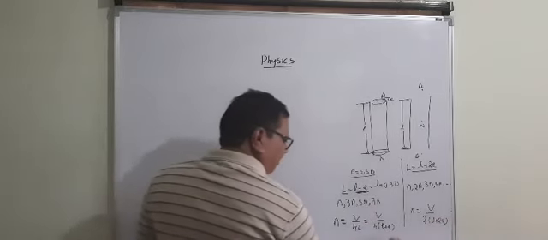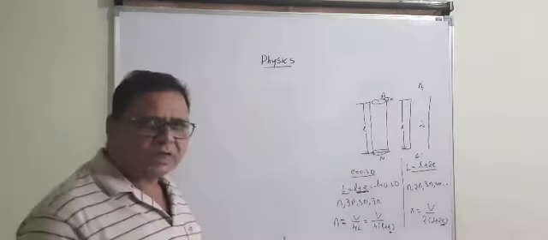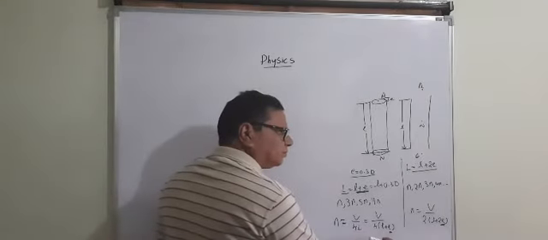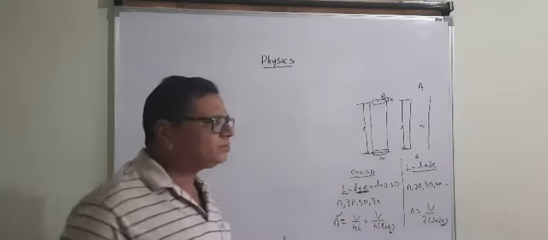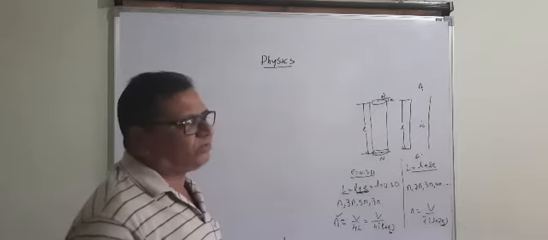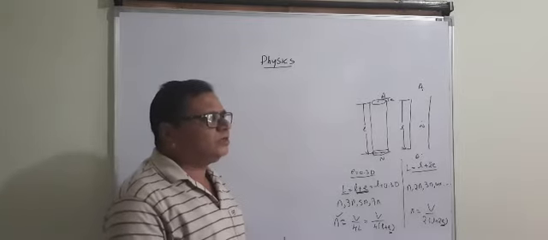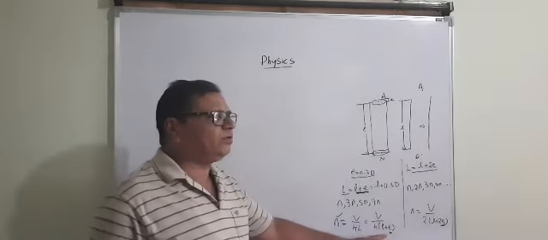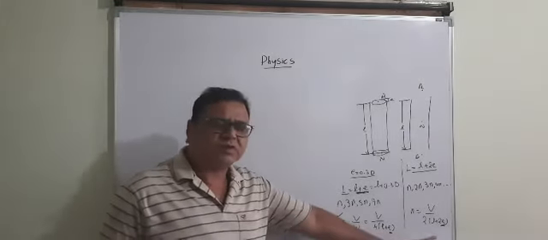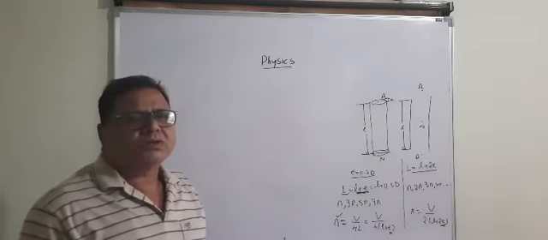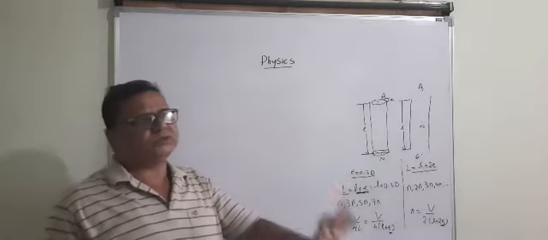If there is error in measurement of small e, as it appears in the denominator, there will be a large change in frequency. Or in other words, a small change in small e will produce a large change in L. In this case also, same thing. Therefore, while measuring the end correction e, we have to take more precautions.